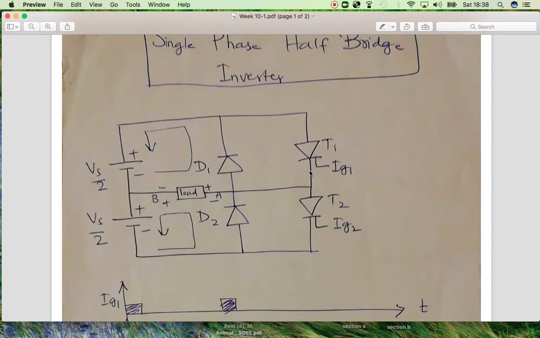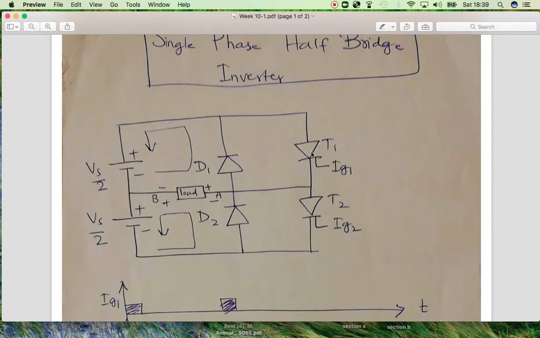It is on, so we have a short circuit over here, and then it flows through the load in that way, and this is the positive and negative terminal potential which is shown at the load side. And when this thyristor is off and this thyristor is on, then the current flows from here towards this load and then flows through this T2 thyristor, which is short circuit, and then drains over here. So we have two directions of current.